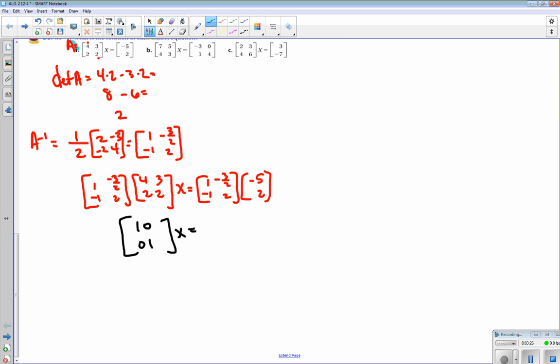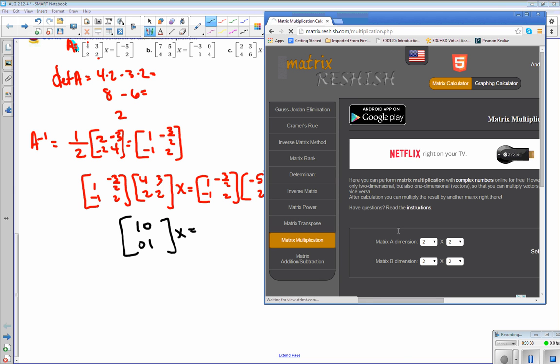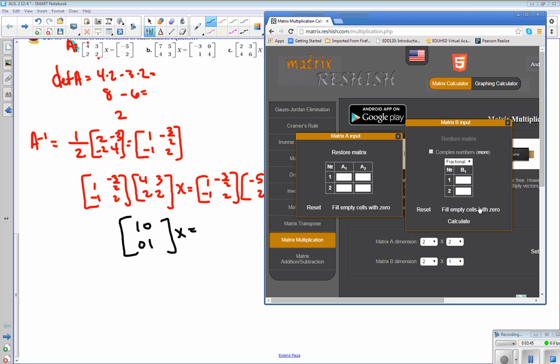So I have a 2 by 2 and a 2 by 1: 1, negative 3 halves, negative 1 and 2, and I have negative 5 and 2.